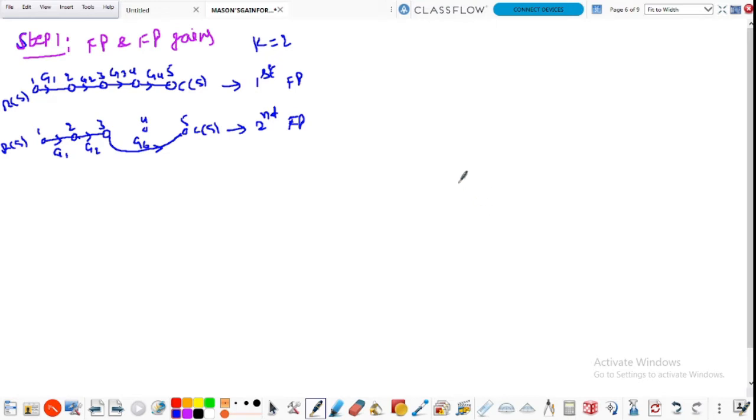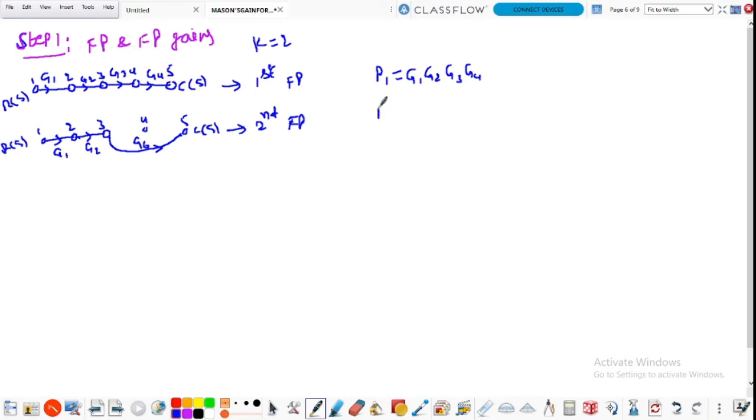The first forward path gain is P1, which is equal to the product of branch transmittances of this forward path, that are G1 into G2 into G3 into G4. So P1 is equal to G1 G2 G3 G4.